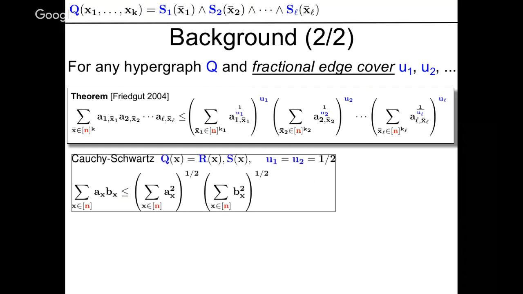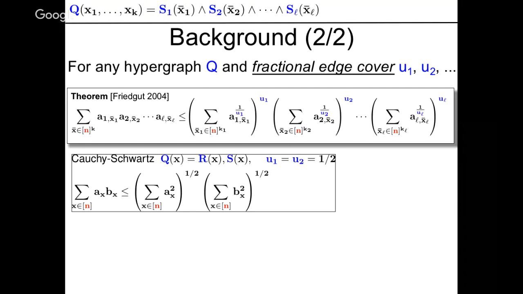Sounds dry. Here is an inequality that you know. We apply Friedgut's inequality to an intersection query. So this query intersects R and S. The corresponding hypergraph has one node and two hyperedges containing that node. The fractional edge cover that I'm going to choose is 1/2. A sequence associated to R is A_x for each x in n.